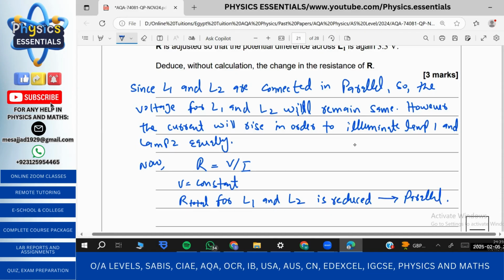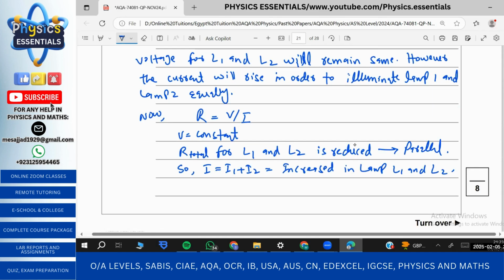Parallel combination. And when R is reduced, I increased. So I equals I1 plus I2 increased, okay, in lamp L1 and L2, okay?